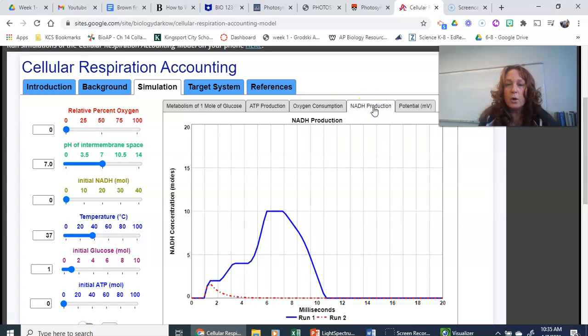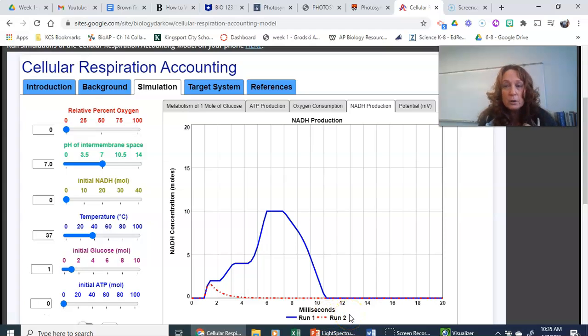And for NADH, first I didn't have any because that's the default. Then I had some electrons created, so I had 2, and then I have none. And see how I'm here at run 2.